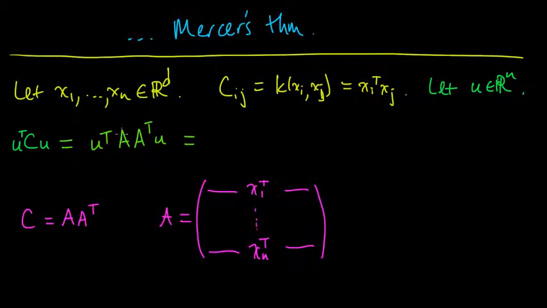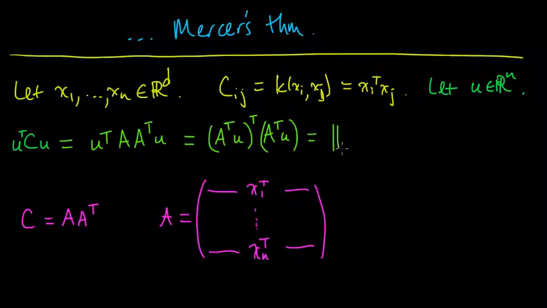This is the same as (A transpose u) transpose times (A transpose u), which is just the dot product of A transpose u with itself.